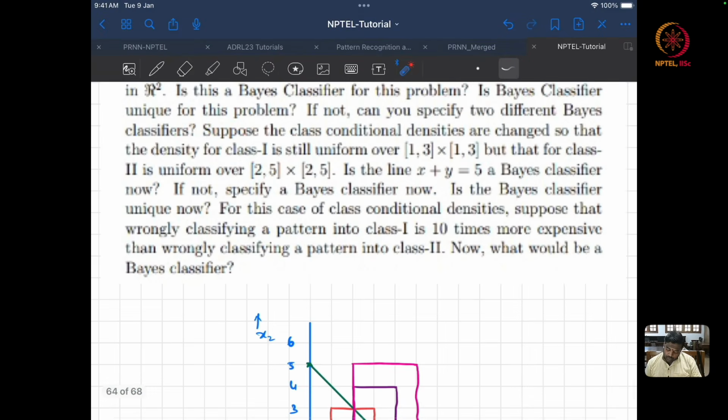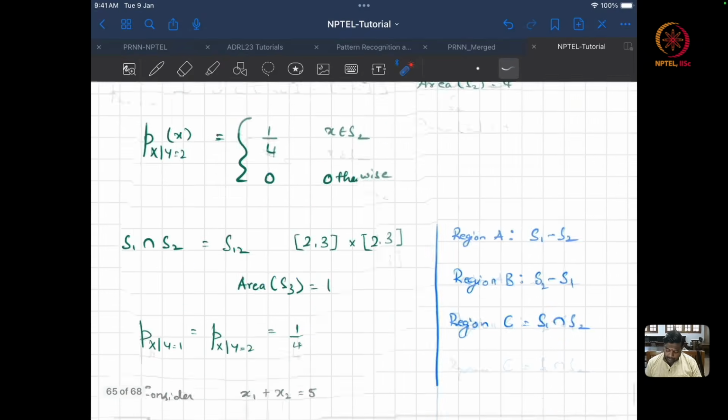Now, is the line x plus y a Bayes classifier? No. If not, specify the Bayes classifier. Is the Bayes classifier unique now? Whatever Bayes classifier that you get, is it unique, for the case of class conditionals, suppose. We will come there. Now let's find the Bayes classifier for this.